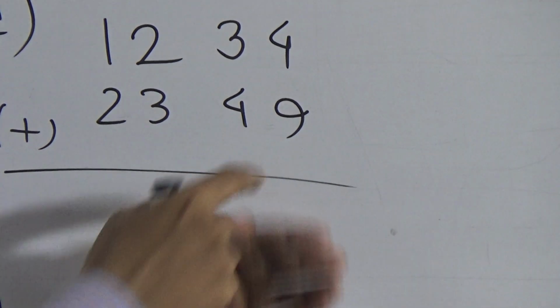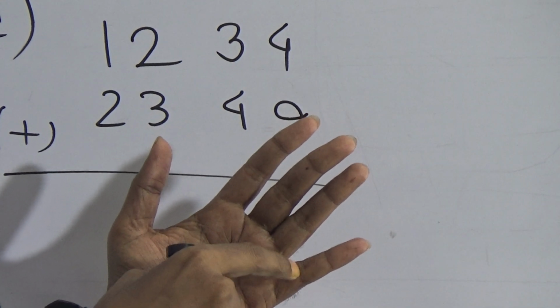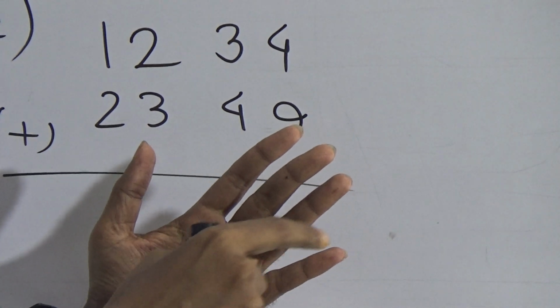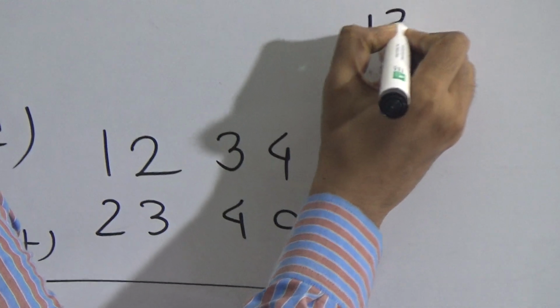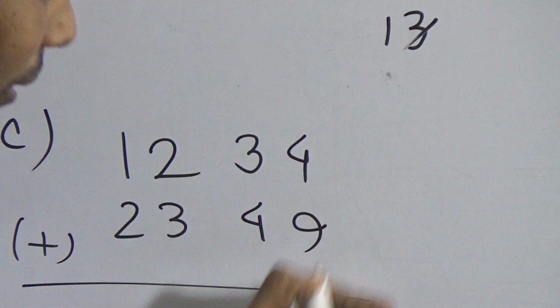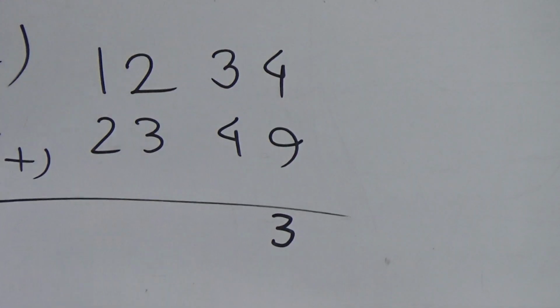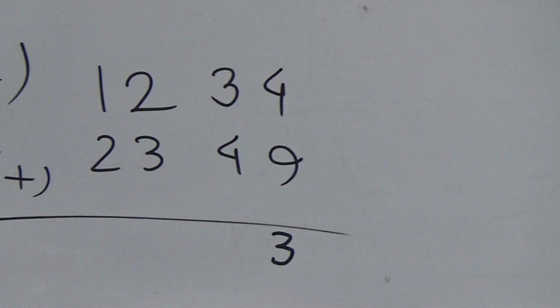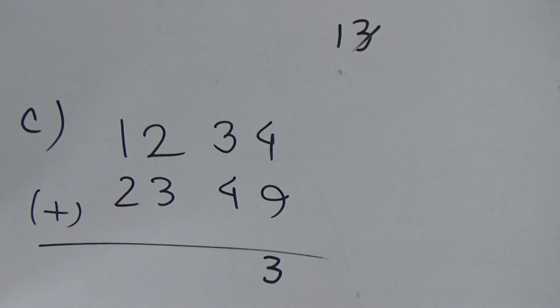Again, look. 9, 10, 11, 12, 13. This is 13. Now put this 3 in here. And you have 1 in your hand. Mind it, you have 1 in your hand.